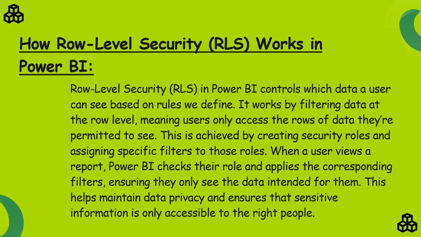It works by filtering data at the row level, meaning users only access the rows of data they are permitted to see. This is achieved by creating security roles and assigning specific filters to those roles. When a user views a report, Power BI checks their role and applies the corresponding filters, ensuring they only see the data intended for them.